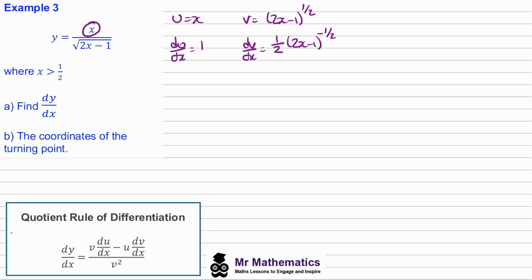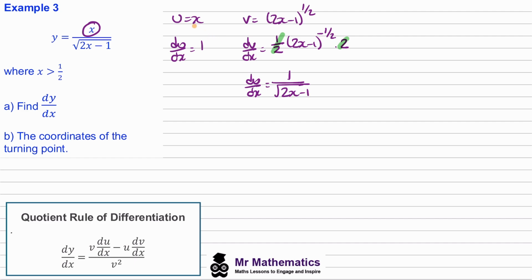Now we need to find the derivative of this inner function, which is 2. You can see this half and this 2 will cancel. So dv by dx will be 1 over the square root of 2x minus 1.